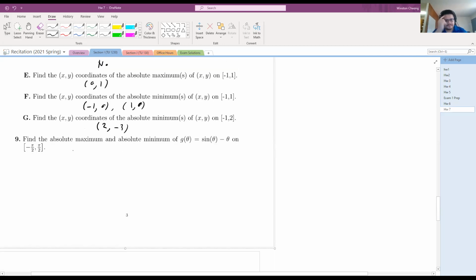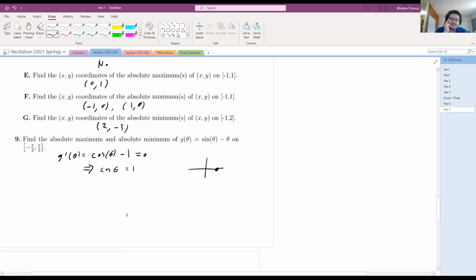Okay, so let's go ahead and do this type of problem. We start by taking the derivative and setting equal to 0. So G prime of theta is cosine of theta minus 1. The usual process is we set this equal to 0 and we solve. That gives me that cosine of theta is equal to 1. Then I have to think about the unit circle: when does cosine take the value 1?